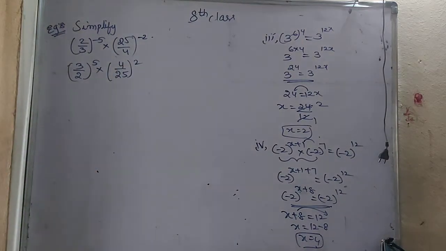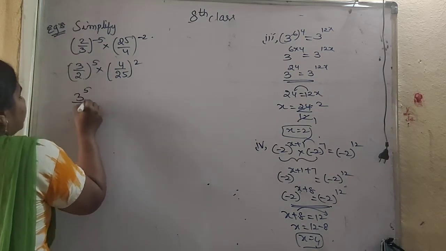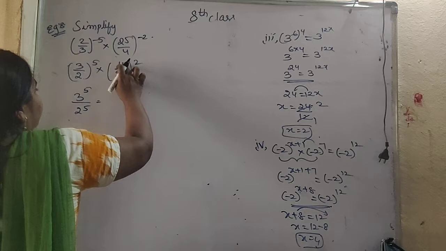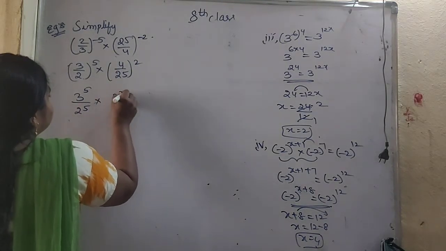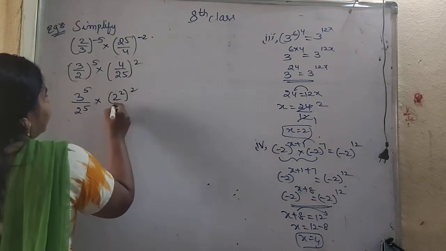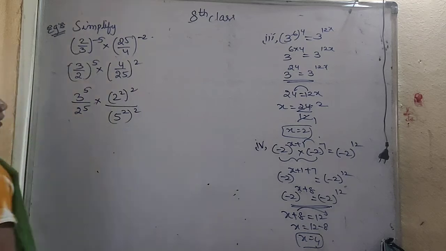This one we can write in the form of 3 power 5 by 2 power 5. Here 4 I am writing in the form of 2 square, so 2 square whole power 2. 25 can be written as 5 square, and this 2 I am writing here.